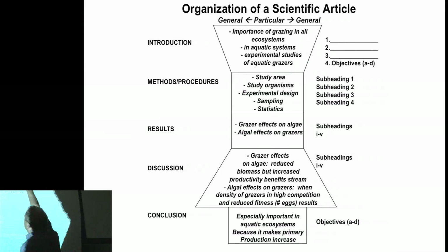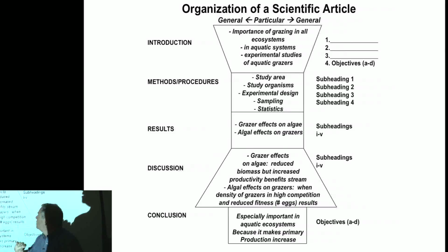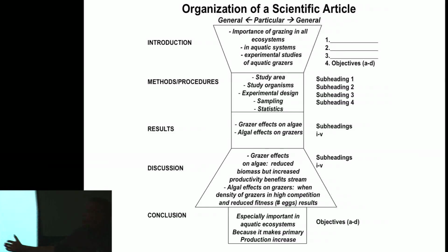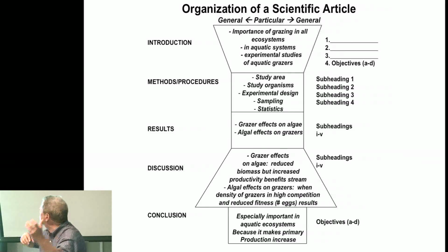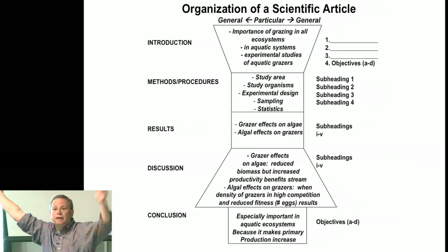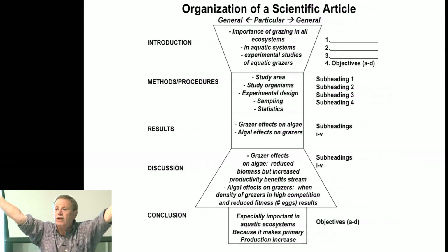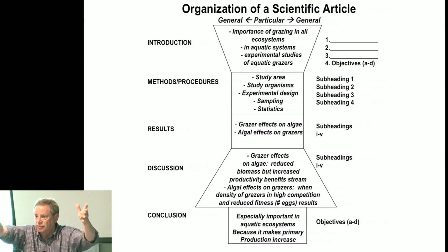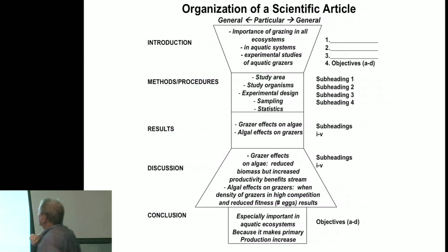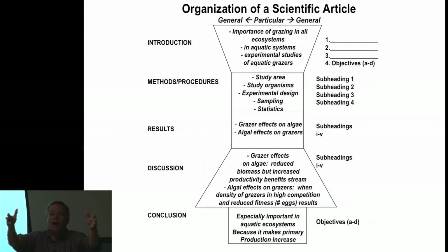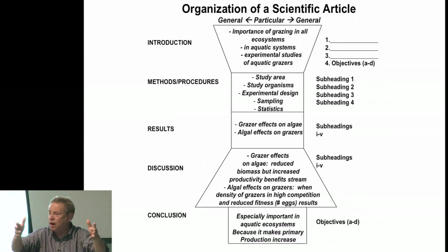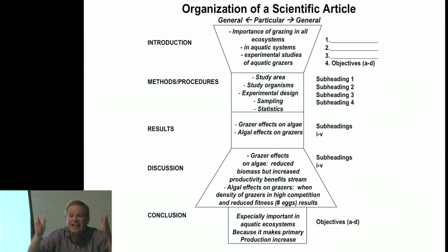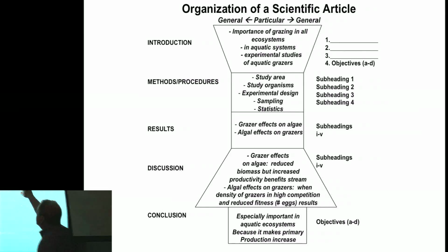Now, for the methods and the procedures in this particular study, the big subheadings we would have are the study area, where we conducted our research, the study organisms, the animals that we dealt with, the experimental design, how we conducted the experiment, the sampling, how we took our samples, and the statistics, how we analyzed our data.